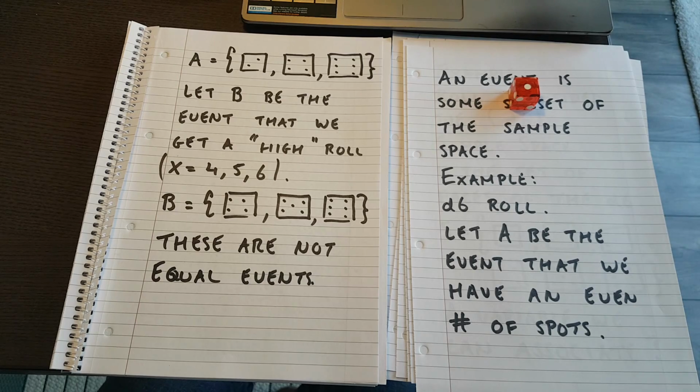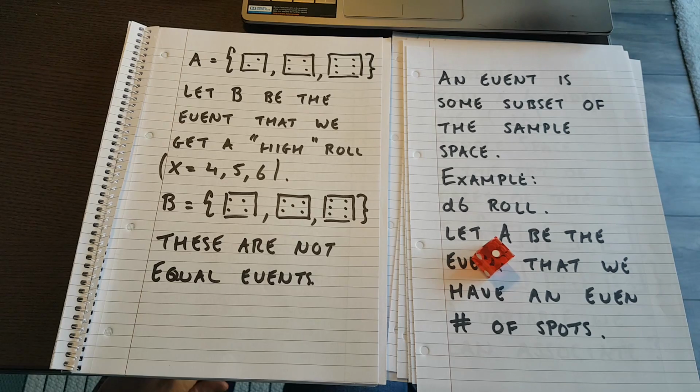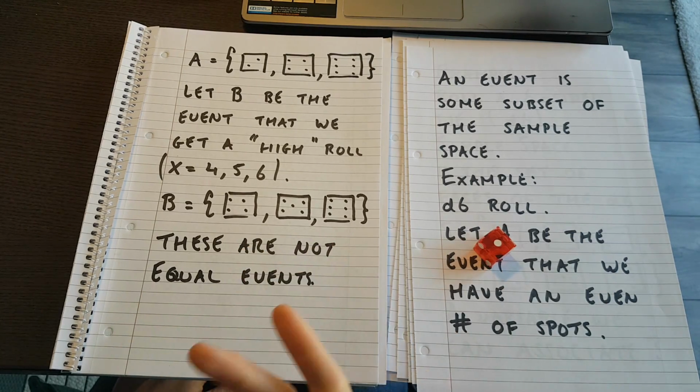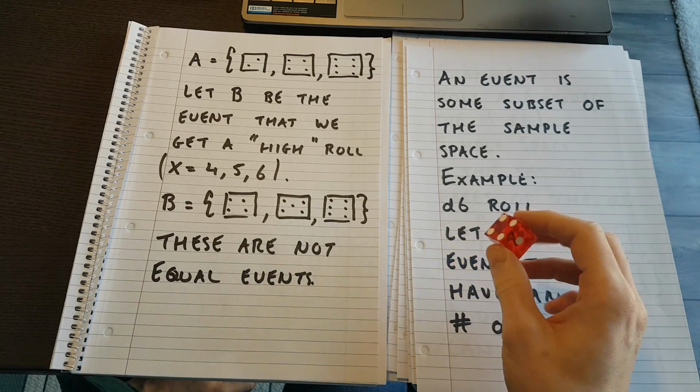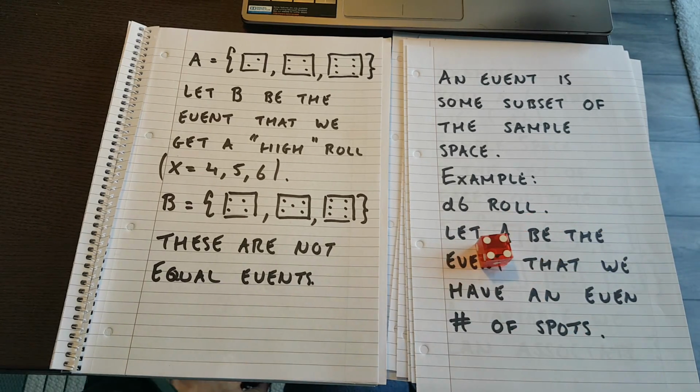Different events can overlap, they can occur at the same time. For example, if I say that I want the event where the value of my roll is a multiple of 4, well, there's only one face that has a value which is a multiple of 4, which is the 4-spotted face.